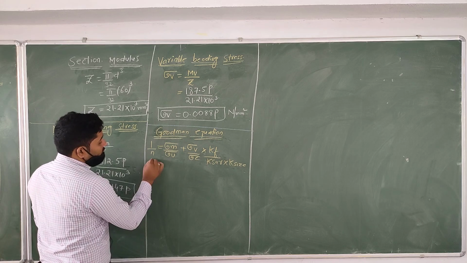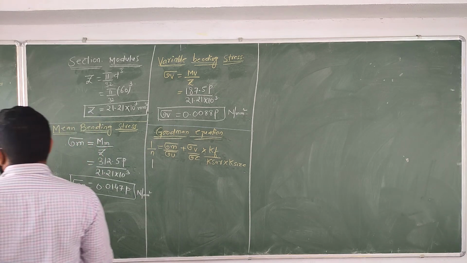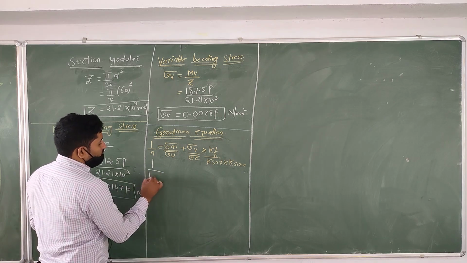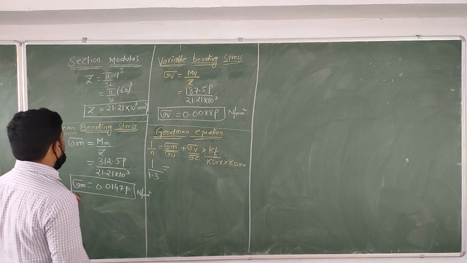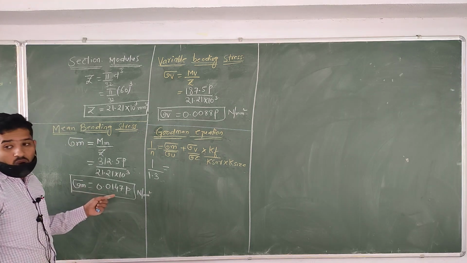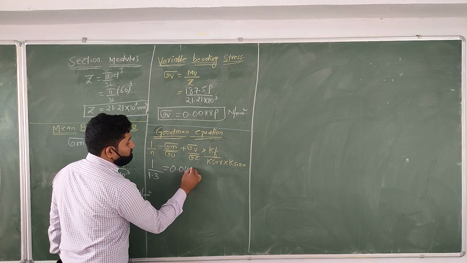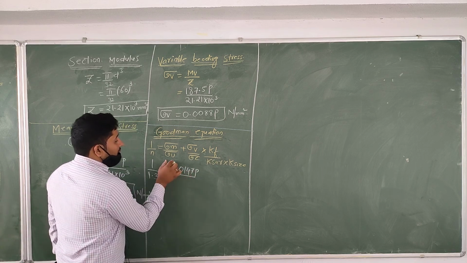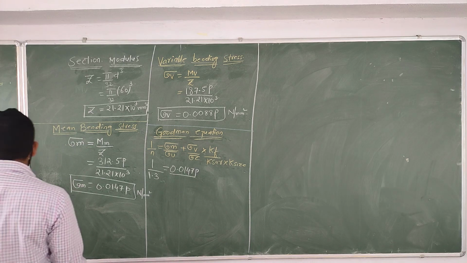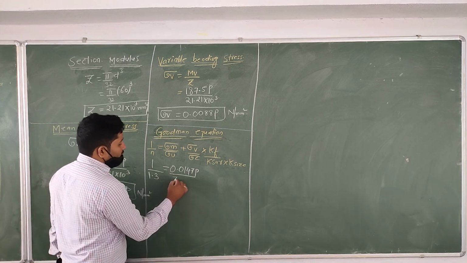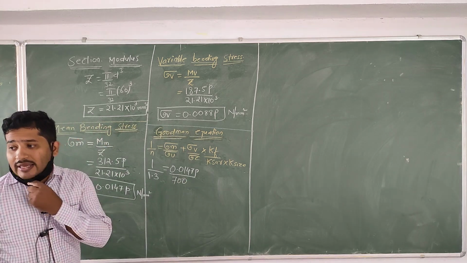1 by n, the factor of safety, how much is given here? The factor of safety of this material is given as 1 by 1.3, equal to the mean stress, how much did we get here? 0.0147 P by ultimate stress. Sigma u value is already given, 700 Newton per millimeter square is given.